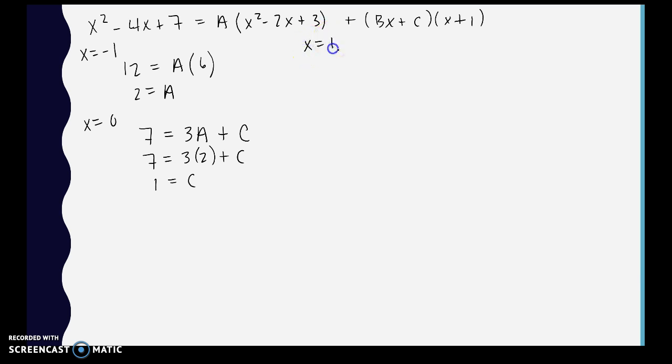So pretty easy to substitute 1. 1 minus 4 is negative 3 plus 7 would give me 4 equals, my value of a is 2. 1 minus 2 is negative 1 plus 3 is 2. B times 1, that would give me b plus c, and then times 1 plus 1. So I get 4 equals 4.